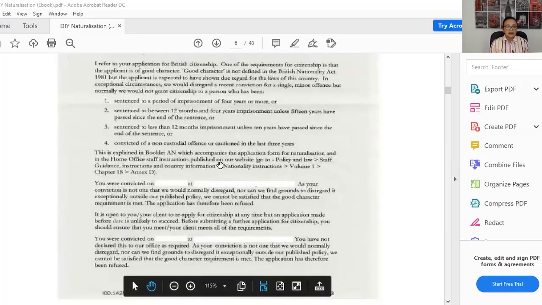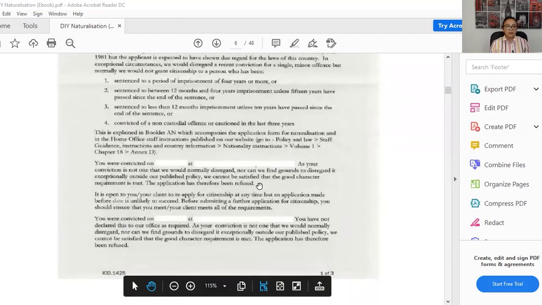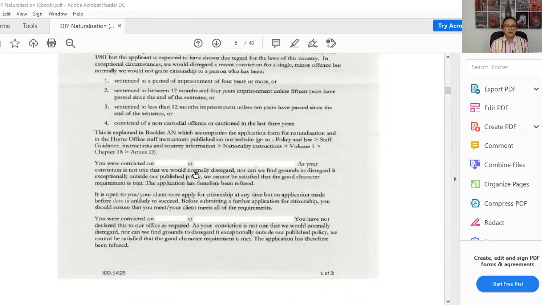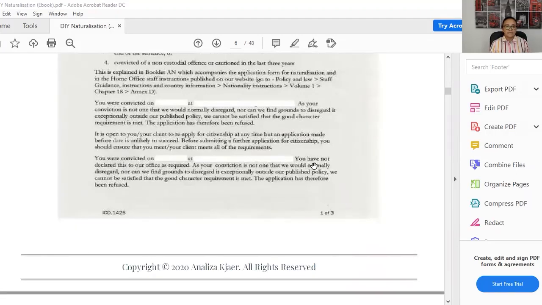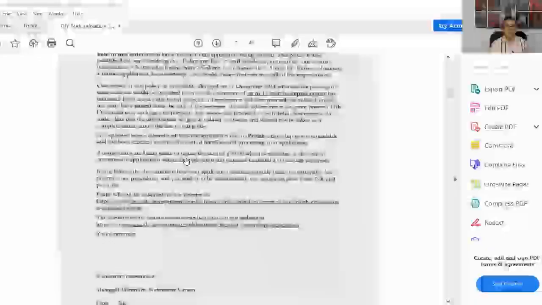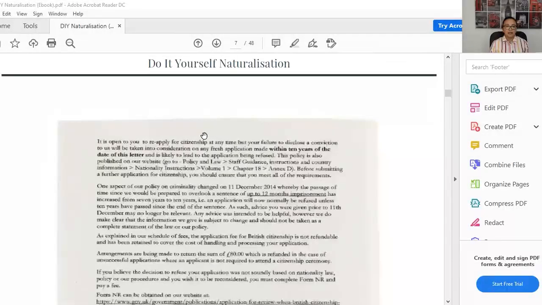So this is the actual refusal letter. It says you were convicted on blah, blah, blah. As your conviction is not one that we would normally disregard, nor can we find grounds to disregard it exceptionally outside our published policy, we cannot be satisfied that the good character requirement is met. So the application is refused. So that's the actual letter to show you what they would normally look like.